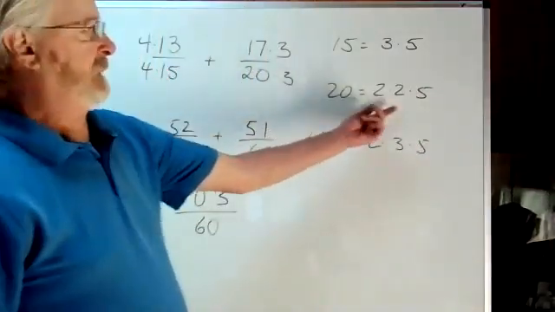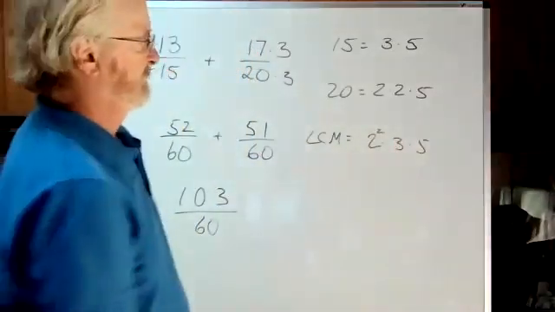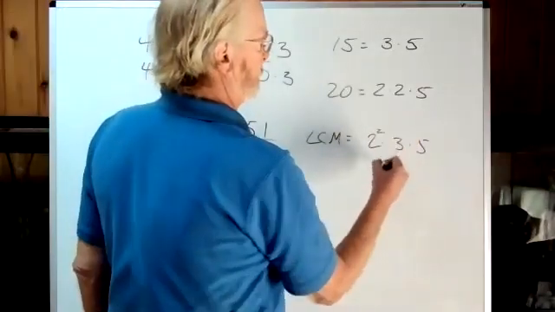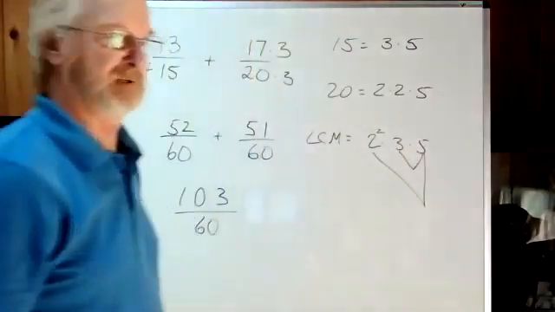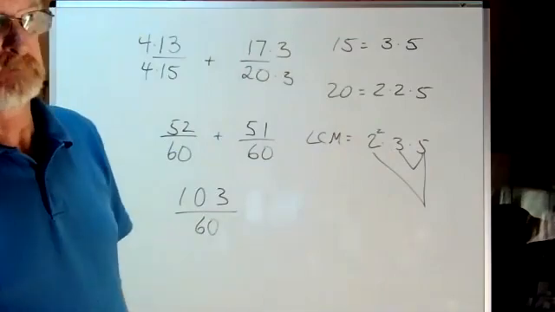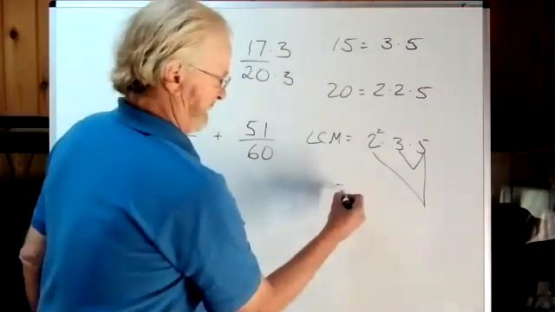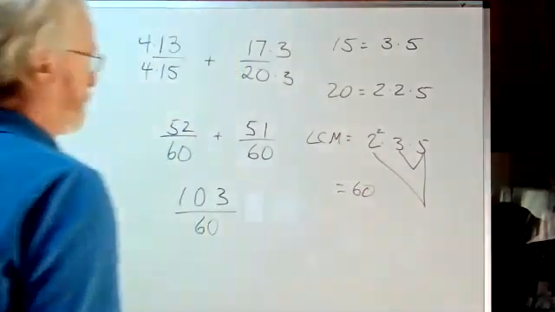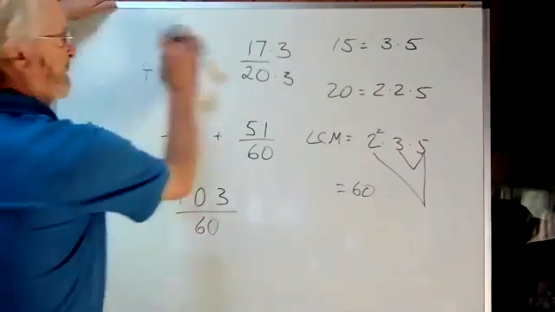And this number requires 2 factors of 2. So there's my 4 times 5 that gets me the 20, and the 3 times 5 gets me the 15. But those are all the prime factors I would need to build that lowest common denominator. Again, it was a 60. Just going to do it again, okay?